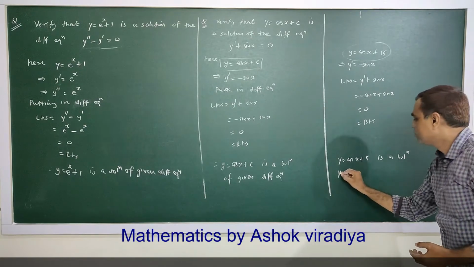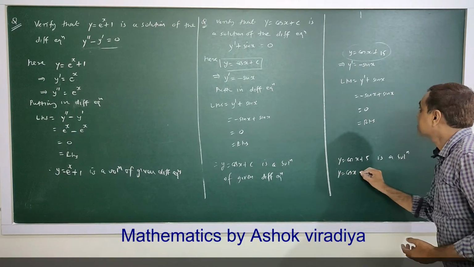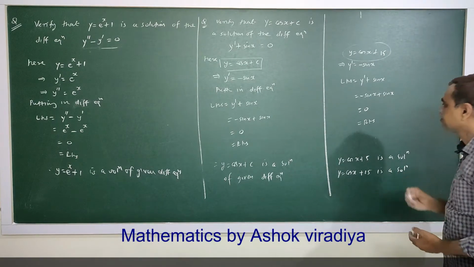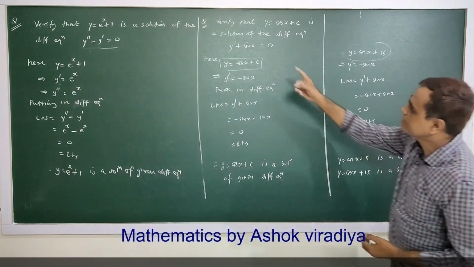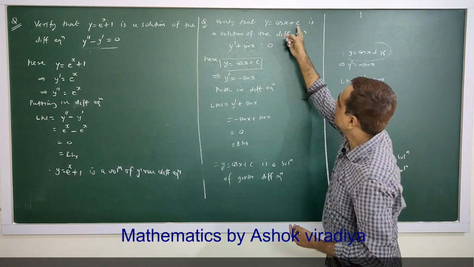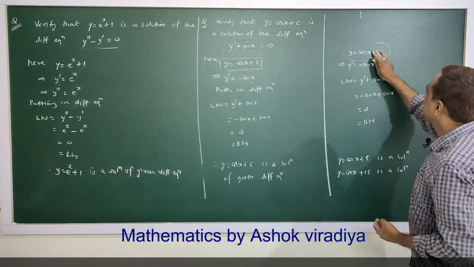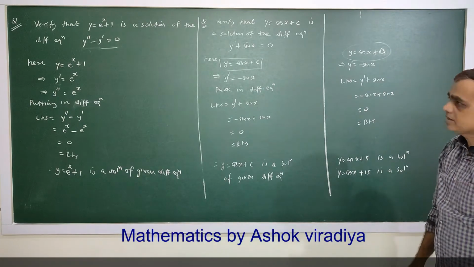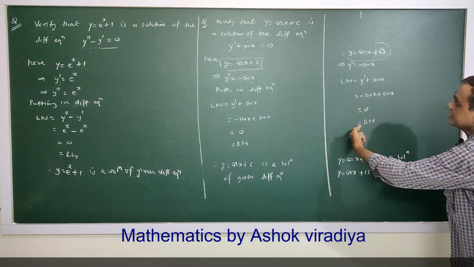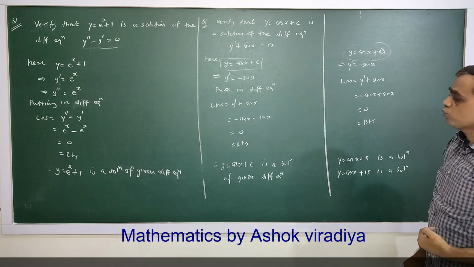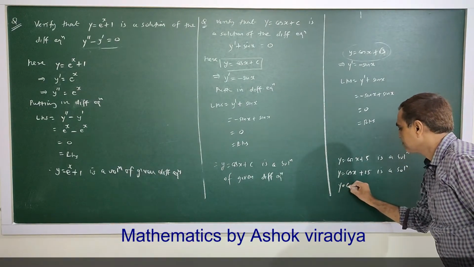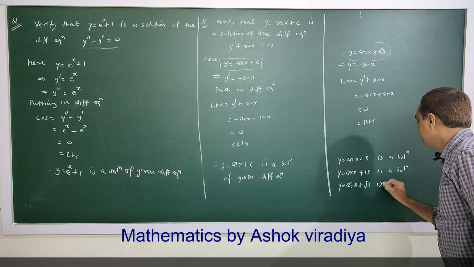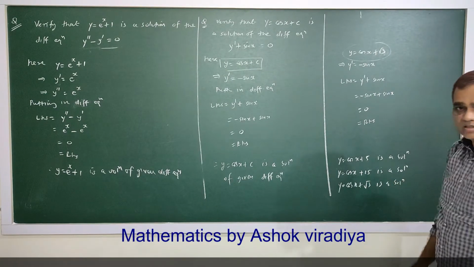So y equal to cos x plus 15 is a solution. Suppose here, instead of c, if I keep root 3, then also this calculation remains the same. So y equal to cos x plus root 3 is a solution.